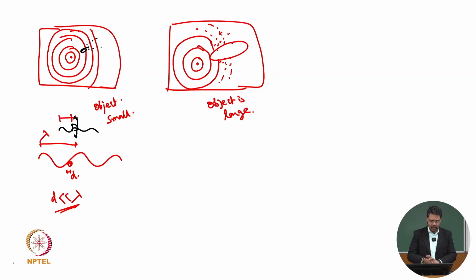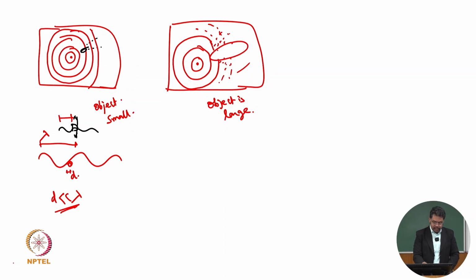Okay. Now you can think that once the object is large, then what will happen? Then the wave is going, and now the wave starts scattering from that object, and it starts interacting with that object.